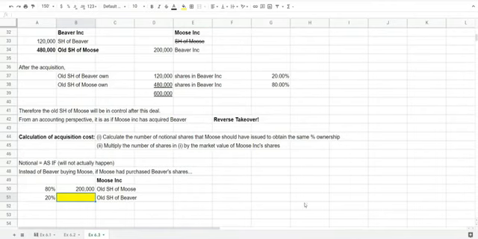So if it had been Moose Company buying Beaver, how many shares will Moose Company, Moose Inc., have to issue so that after the share issue, the old shareholders of Moose will have 80% and the shareholders of Beaver will get 20%.